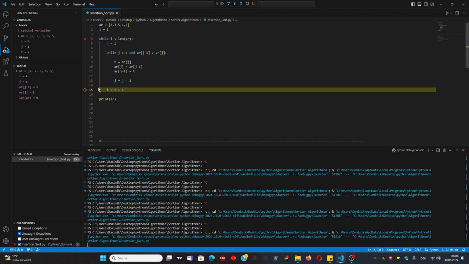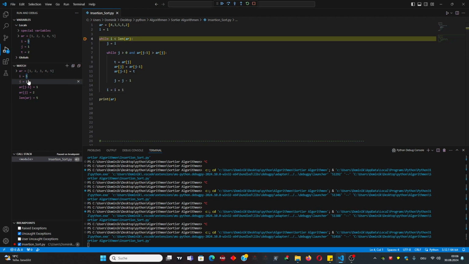So we jump to line 15, increase I by 1, and now we can see I is 5 and length is 5, so that means the length of the list is not higher than the value of the variable I, and that means that we will leave the algorithm to print the list.